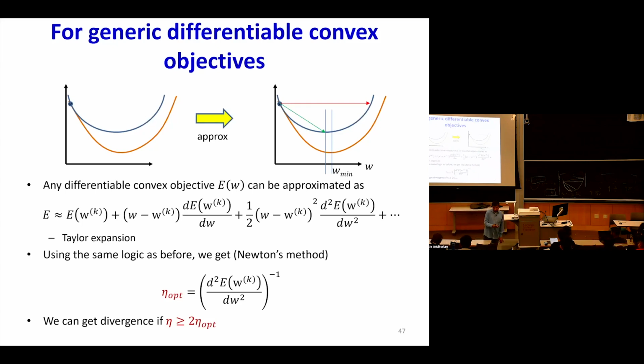But then you get to a new location and make a new quadratic approximation and go to the optimum in a single step, and so on. But regardless, at each point, if your step size is more than twice the inverse of the second derivative, there is a high likelihood that you're going to bounce up instead of coming down.